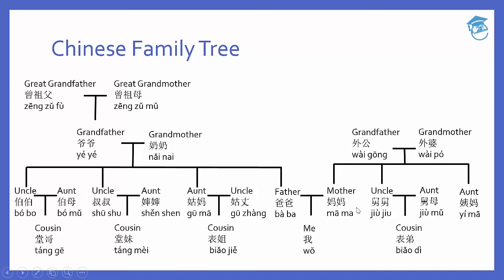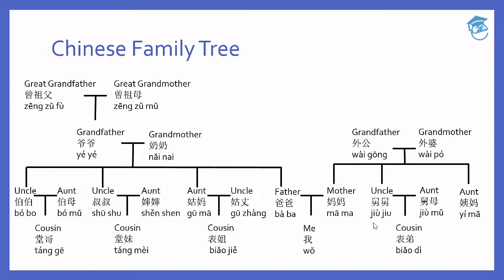And for mother, we have different names for uncle and aunt than paternal uncle and aunts. So let's look at them. For my mother's brother, whether he is elder or younger than my mother, we call him 舅舅. 妈妈的兄弟是我的舅舅.